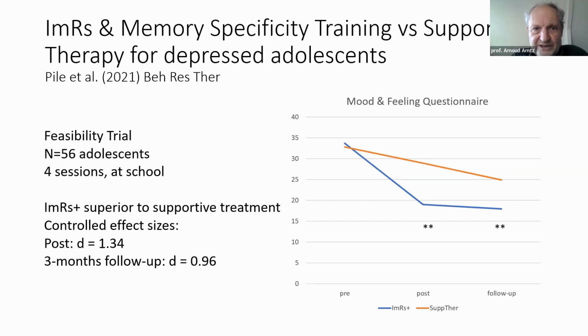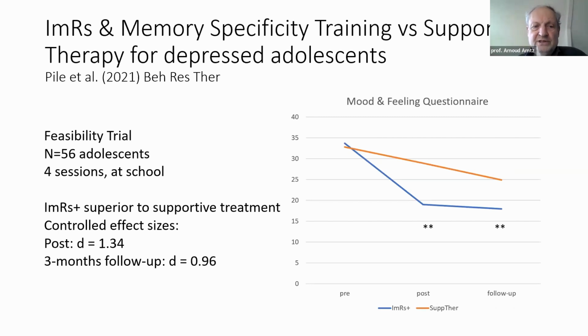Still another study tested, it's a pilot study, a feasibility trial, imagery scripting and a memory specificity training combined with supportive therapy in depressed adolescents. And 4 sessions of the 2 treatments were offered at school.